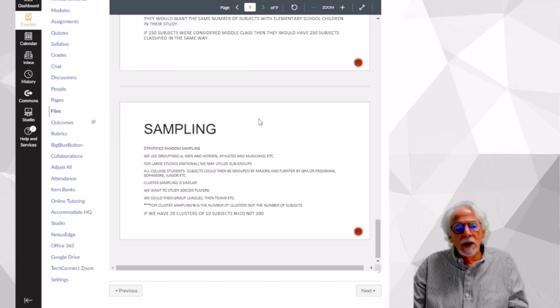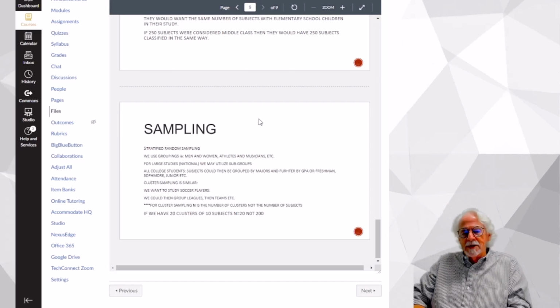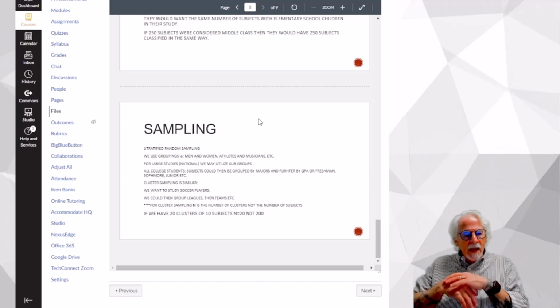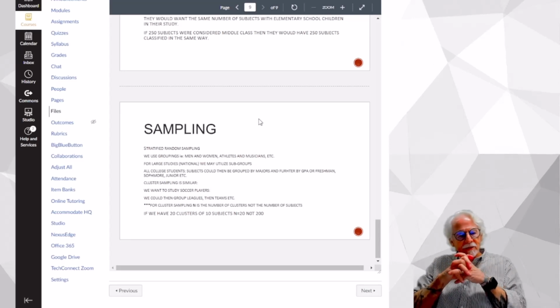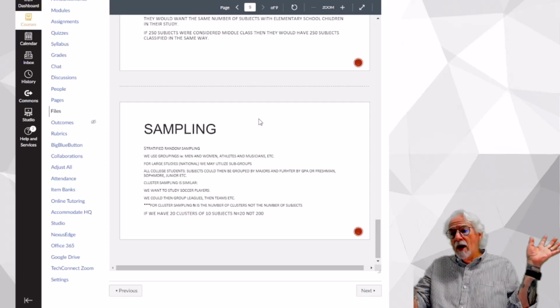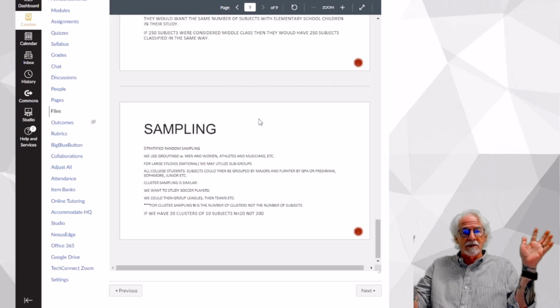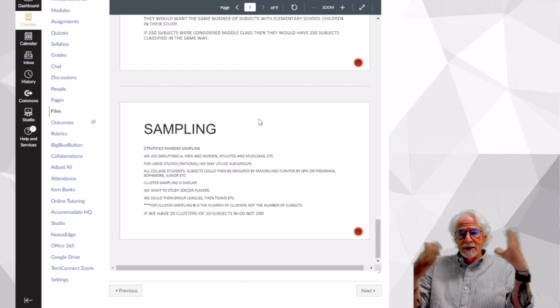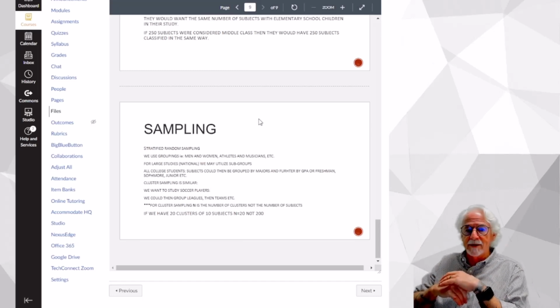And so that's quota sampling, and then we can do stratified random sampling. Okay, so we have a group, let's say, of men or women, athletes, musicians, whatever. So now we're going to study all the colleges. We want to study to reflect all the college students in the United States. That's not going to happen, right? Like I said, it would be almost impossible to get all the Delta students.